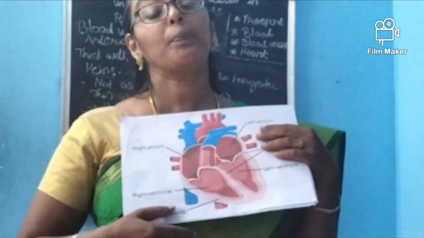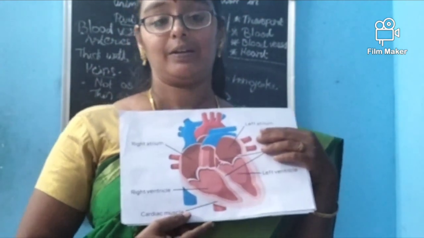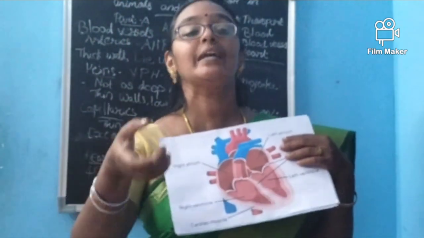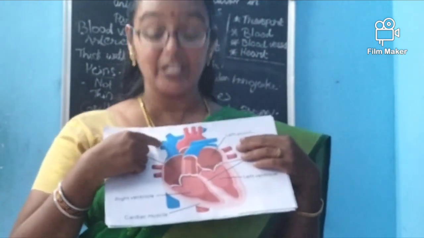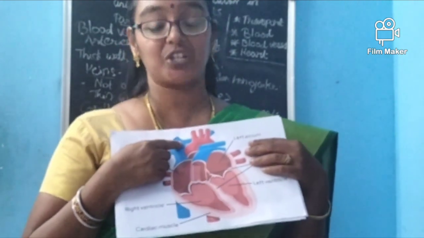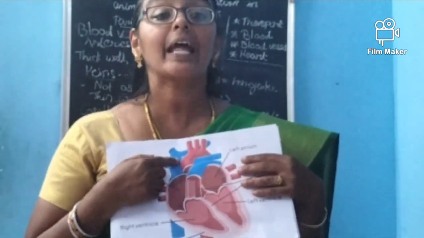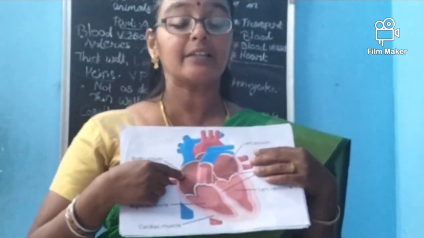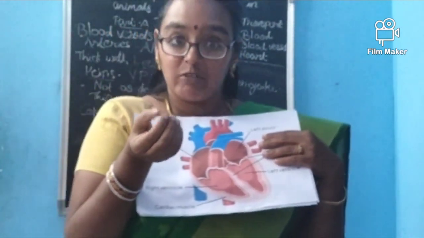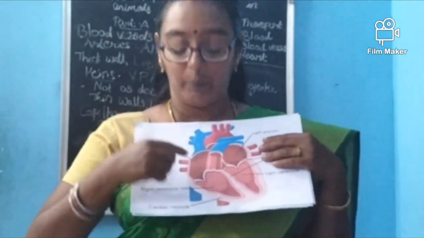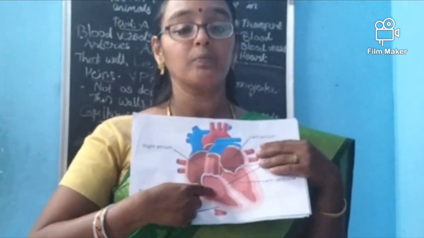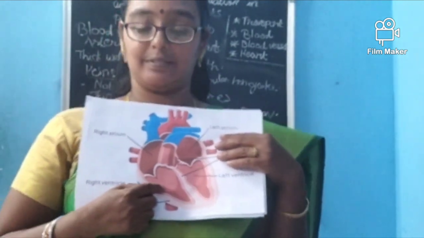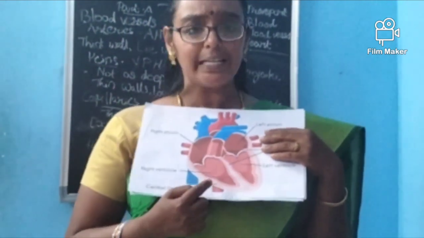Through the vena cava, superior vena cava and inferior vena cava, the main vein system, it will reach the right atrium. When it reaches the right atrium, there is a valve. It will open the valve and come down to the right ventricle. Right ventricle it has reached.